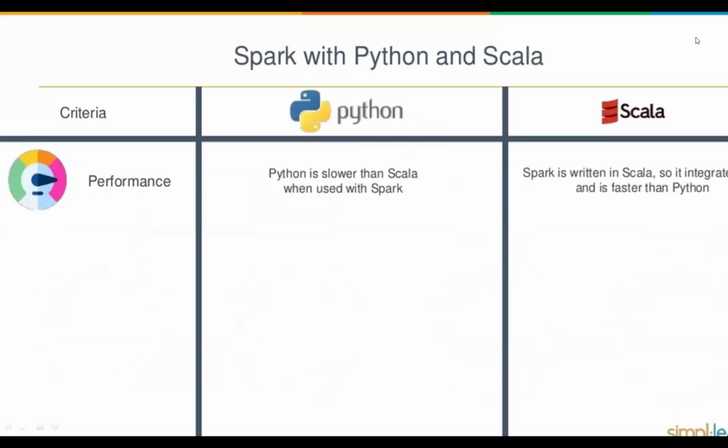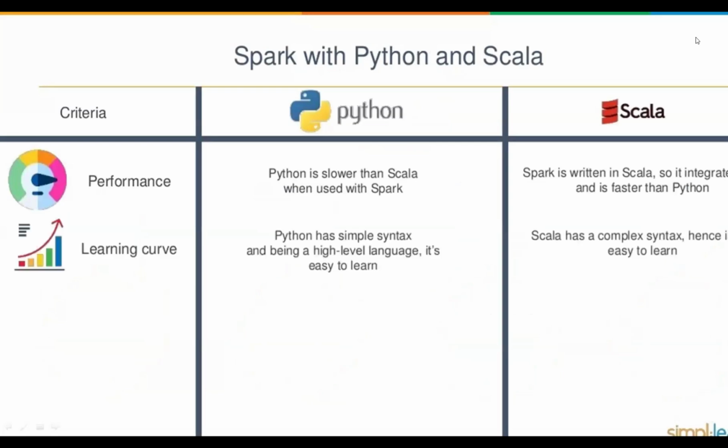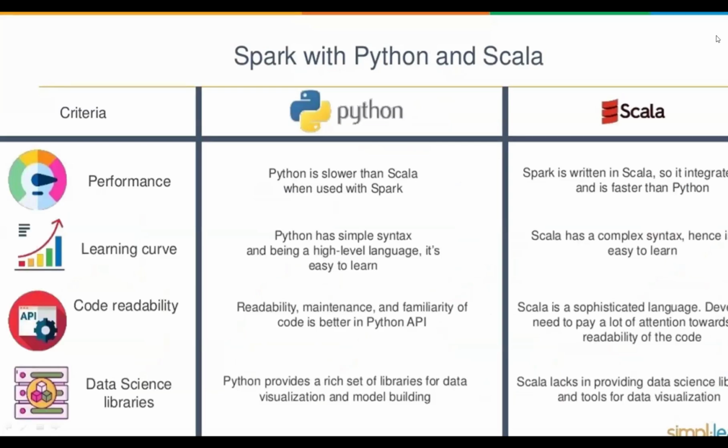Then if I talk about performance of Python and Scala, these are certain comparisons. When you talk about the performance between Python and Scala, Python is slower than Scala because Spark is written in Scala itself, so it's integrated and it's faster than Python.